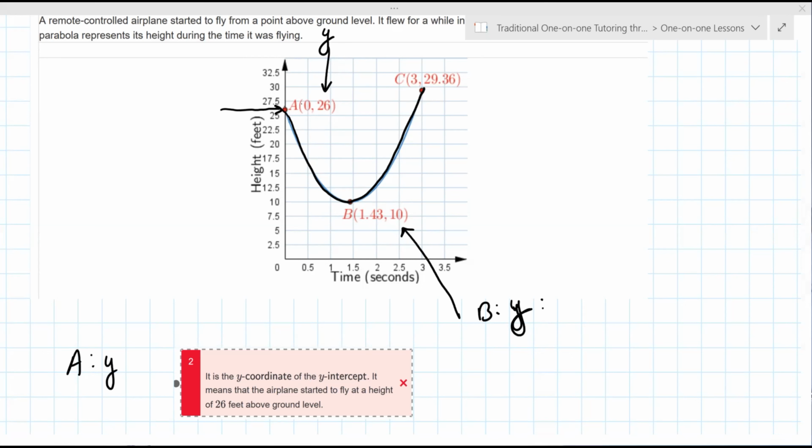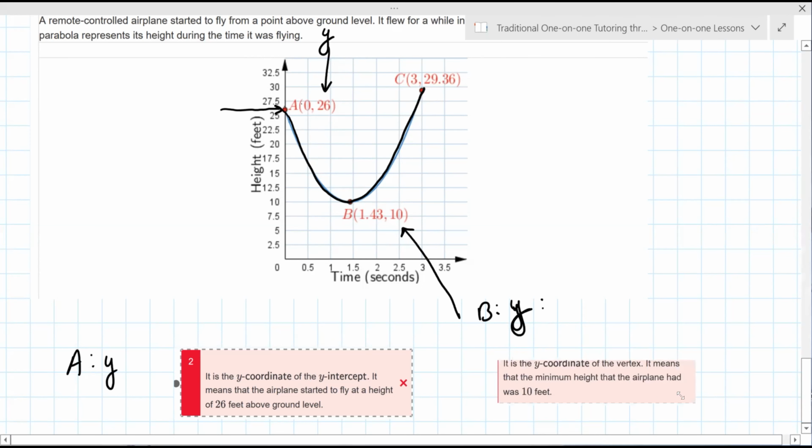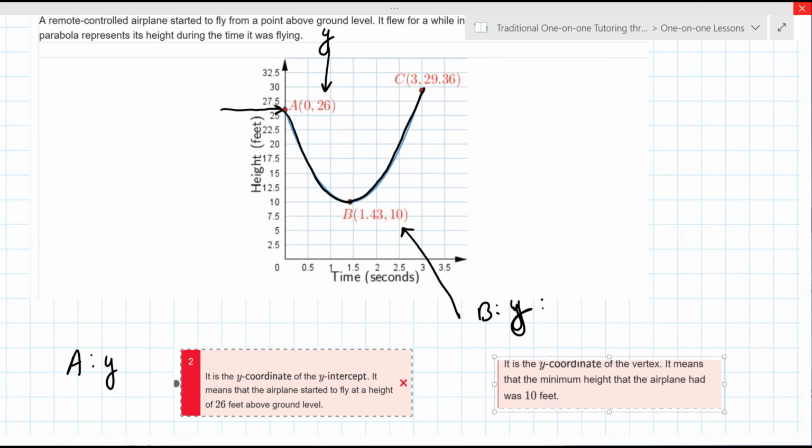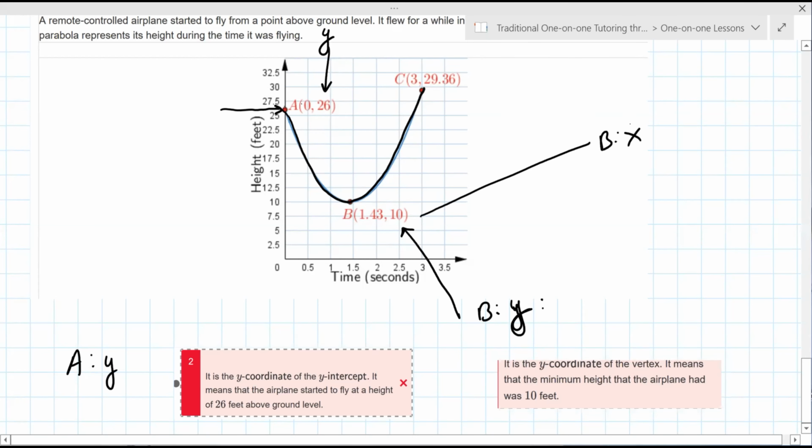Okay. And that's one of the key words you're going to be looking for when you're taking this on. It actually has that in the answer. It says, oh, this is the vertex. It's the y coordinate of the vertex. So the other thing though is the x coordinate there at B. Well, it's the x coordinate of the vertex, it has to be because it is the vertex.